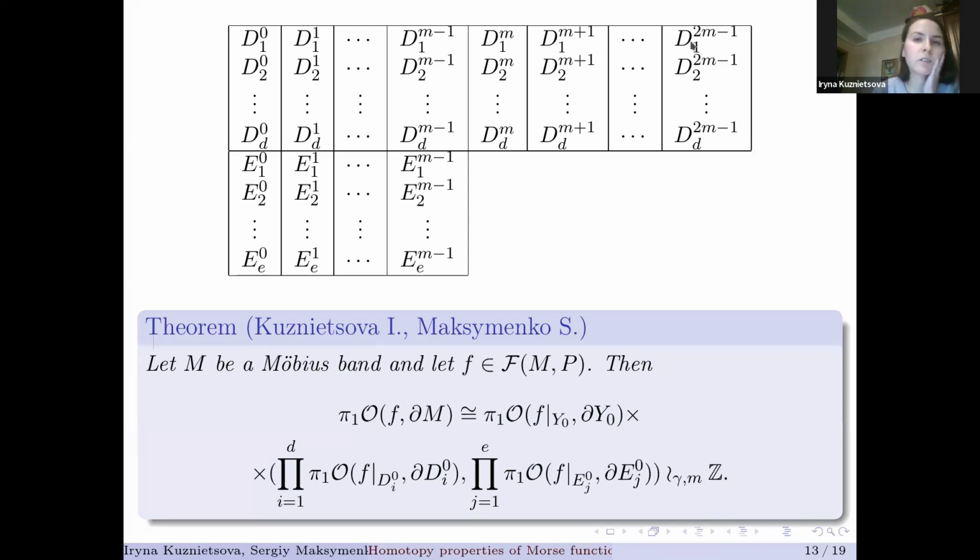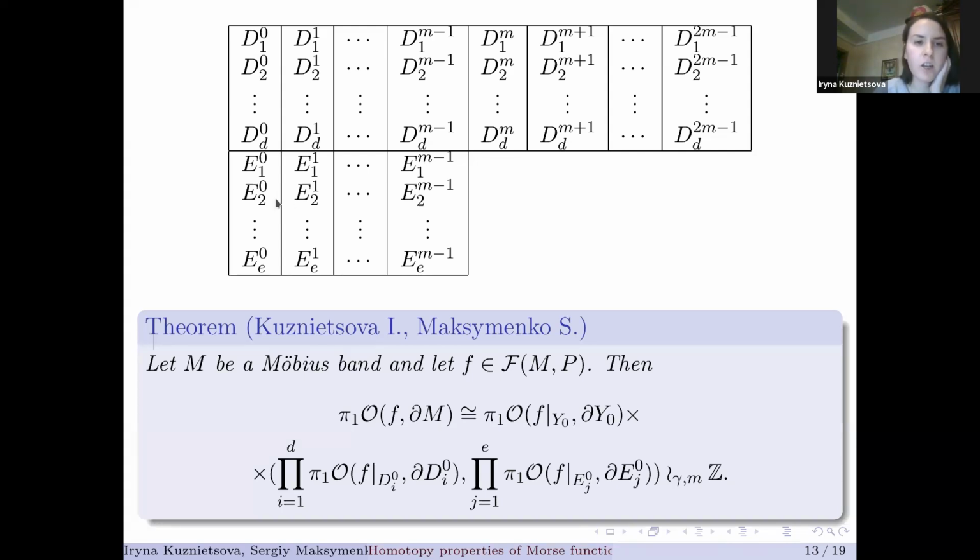The disks can change their orientation or not. We denote by d the disks that don't change their orientation, and the length of their orbit will be equal to m. So all disks we can illustrate in this table, where d are disks preserving orientation and e are disks changing it.